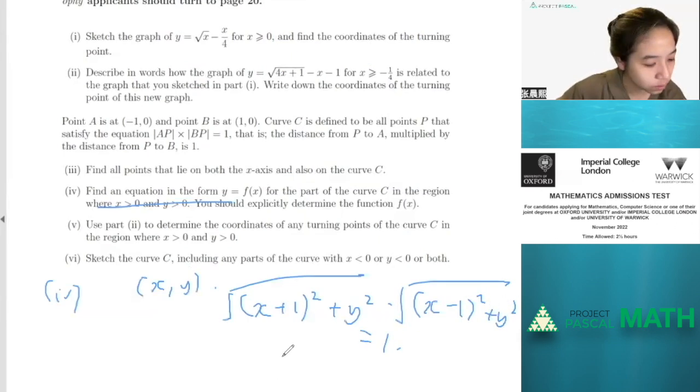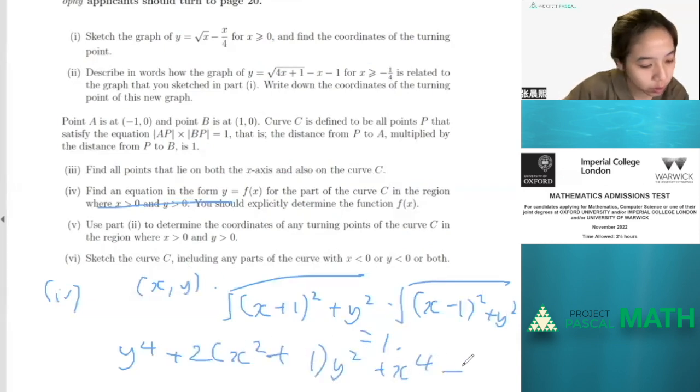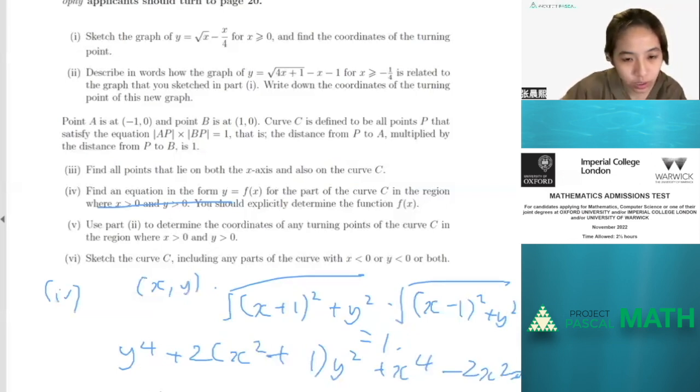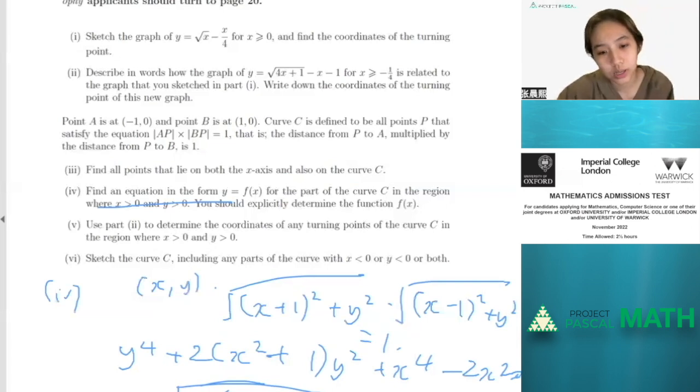And so you expand, you get a quadratic: y to the power 4 plus 2 times x squared plus 1 times y squared plus x to the power 4 minus 2x squared. And since you want something that's real and positive, you have y equals root of 4x squared plus 1, minus x squared minus 1. And that's the only possible solution for y positive and real.